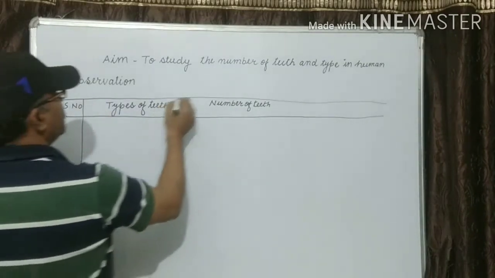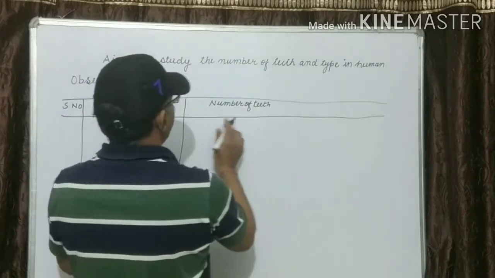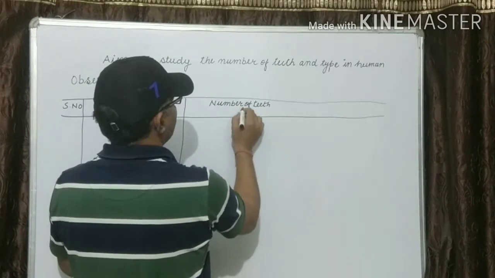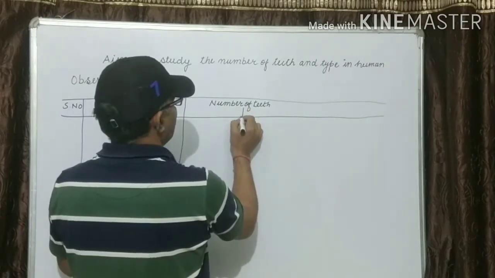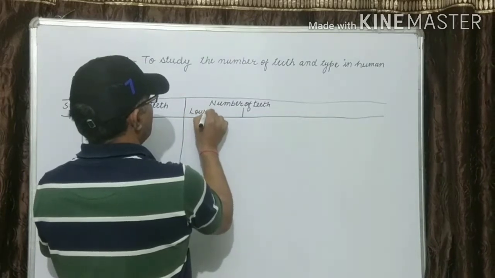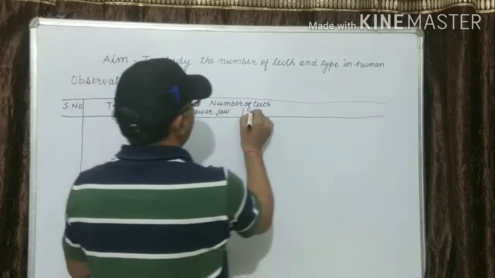Serial number, types of teeth, number of teeth, lower jaw, upper jaw.